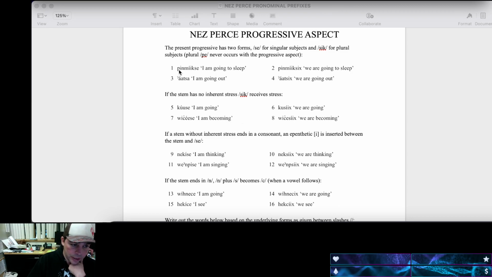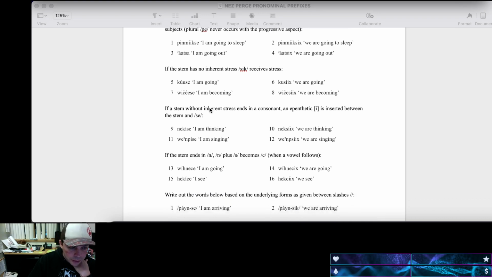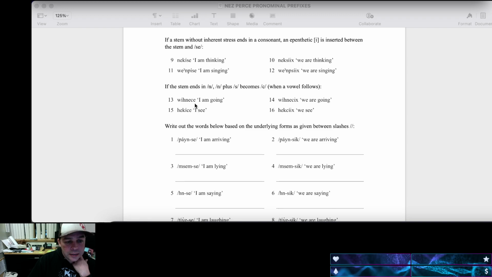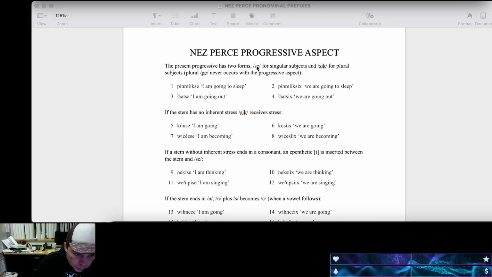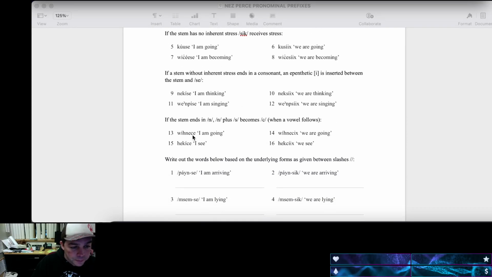You can see how pinmeek ends with sa. That means that it's an S verb. But wihnitsa, because its root word ends with an N, is different. They call it a stem word here, but it's the same thing. If you look up go in the dictionary, it would be WIHN. Because it ends with an N, that changes the S that we would normally put on there to a C. So you wouldn't say wihnsa.